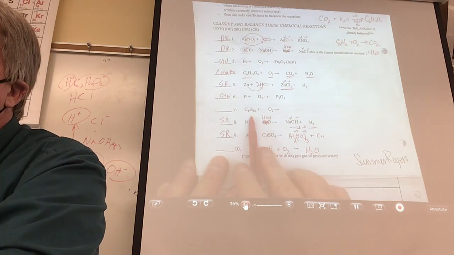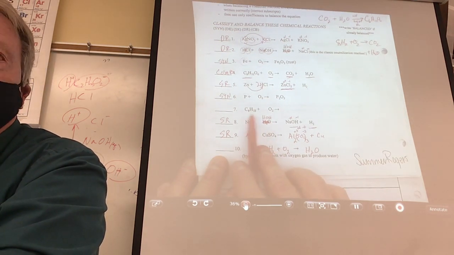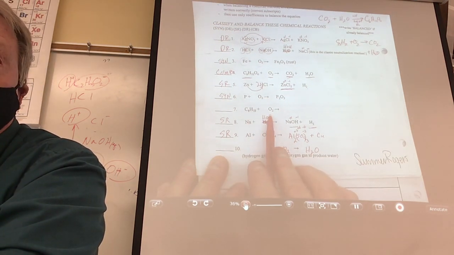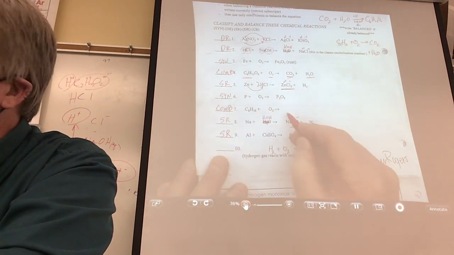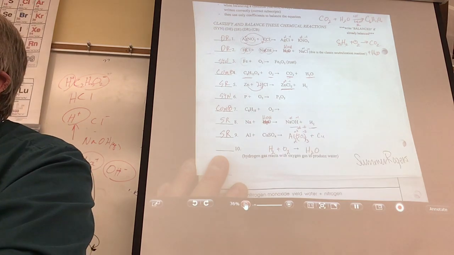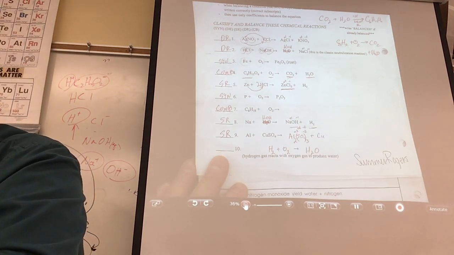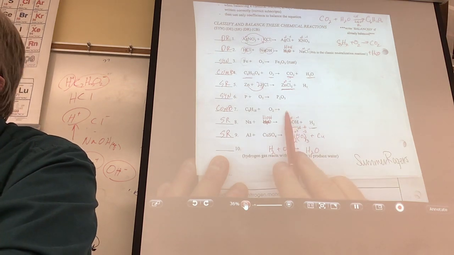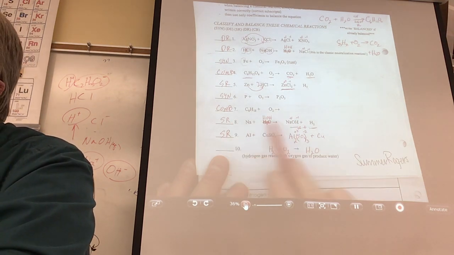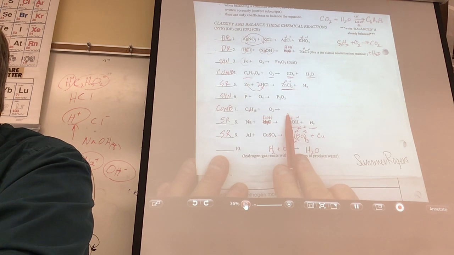What's right here? Look, carbon, hydrogen. I'm going to burn it. This is combustion. Except I need to put something over here. What's missing? Zach, what goes on the right side of the arrow? If I tell you it is combustion, what has to go over here?